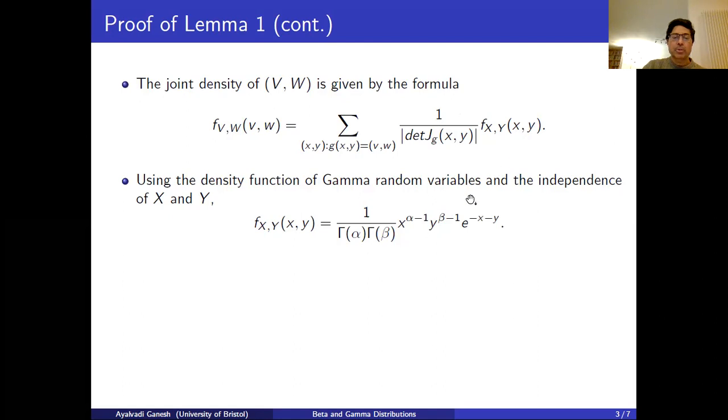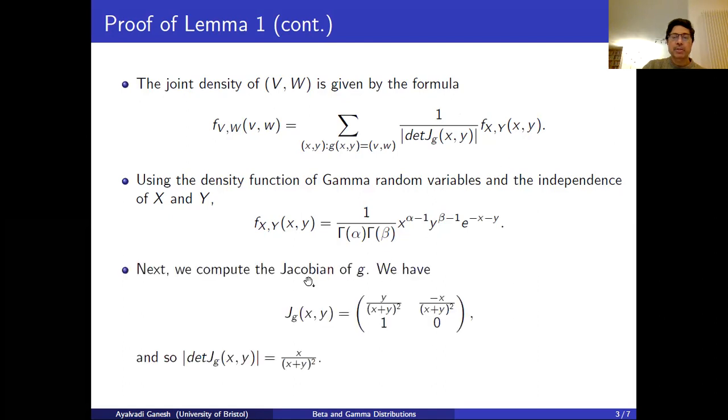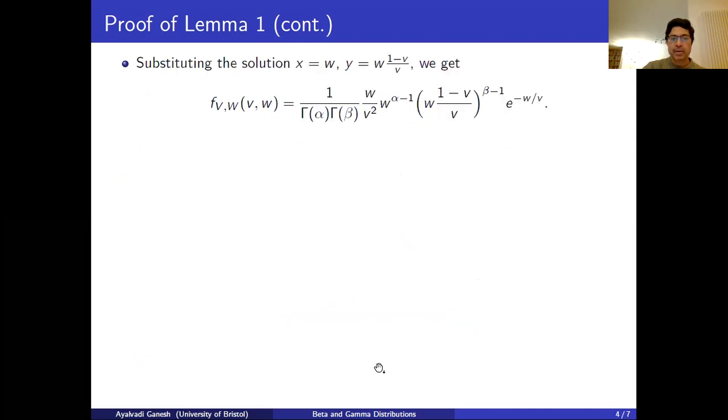So we are going to use this formula for which we have to compute the Jacobian of G at (x, y), and the Jacobian, just by calculating partial derivatives, turns out to be this matrix. And so when you calculate the determinant, okay, this term gives 0, you get x over (x plus y) squared.